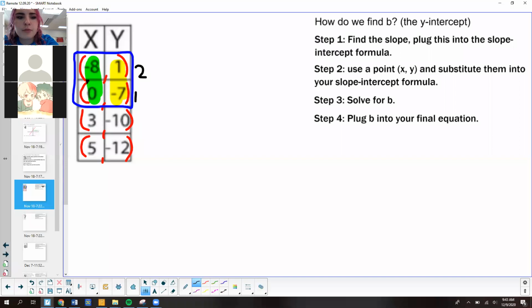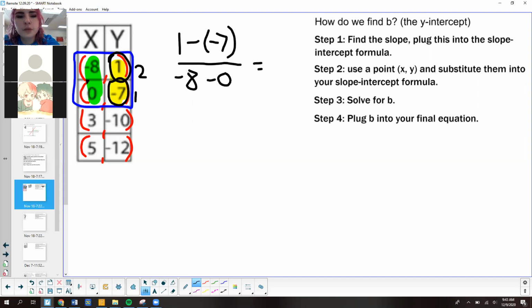So remember, if we're taking y2 minus y1, it's going to be 1 minus -7, divided by, remember, to find the slope or the rate of change, we take the change in y divided by the change in x, so -8 minus 0. So what is my slope going to be if we simplify this? You guys can plug this into your calculator. What is my slope going to be?